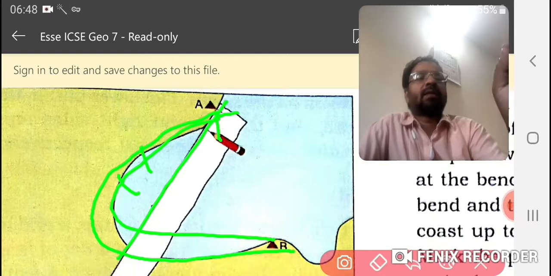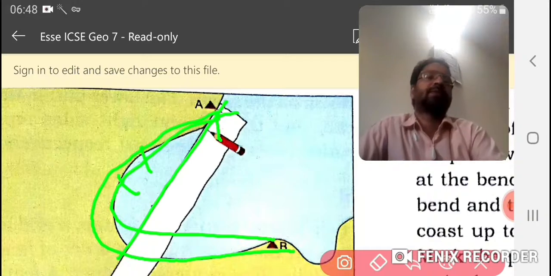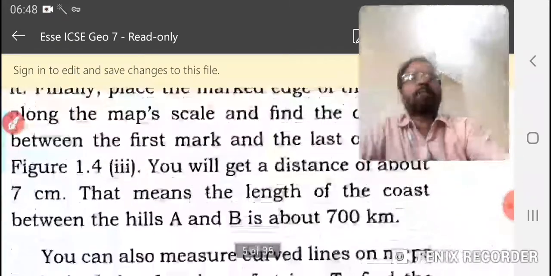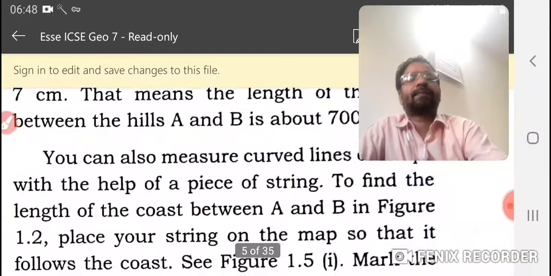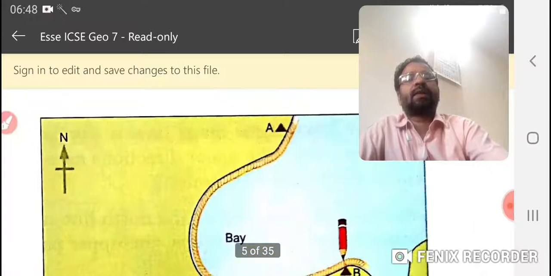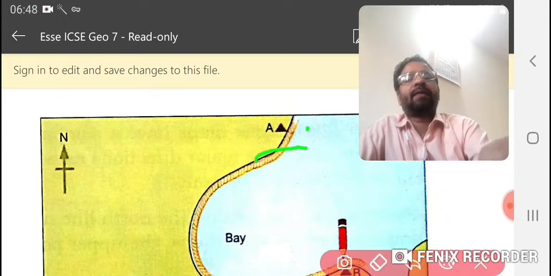This is the easiest method to find the distance. So, by using the thread we kept it from A and same way up to B.